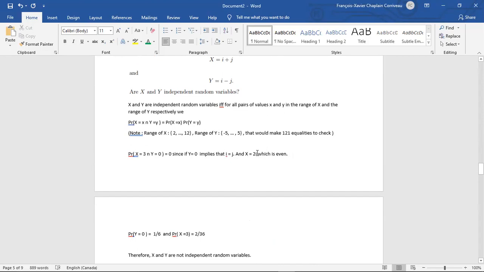I could write 2 times j if I wanted. Exactly. So just be careful. It's not to get X, it's to get Y. They both need to be the same in order for Y to be equal to 0, which means that X is even. But here we selected X equal to 3, so this cannot happen.